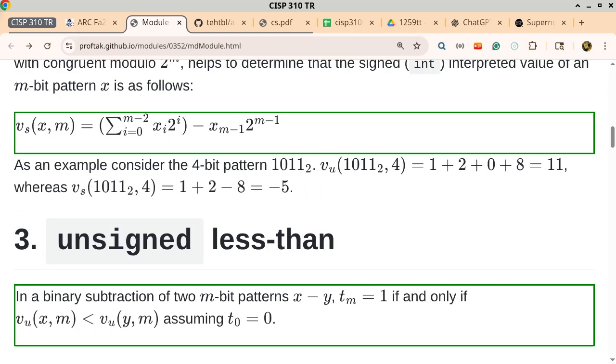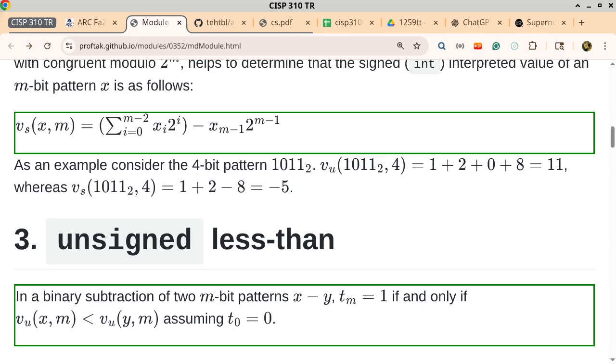And you can see that x of i can only be 0 or 1, which is not negative. 2 to the power of i are powers of 2, which cannot be negative. So none of these terms in the sigma can contribute to a negative value. The only time you can end up with a negative value is because you're subtracting this non-negative value.